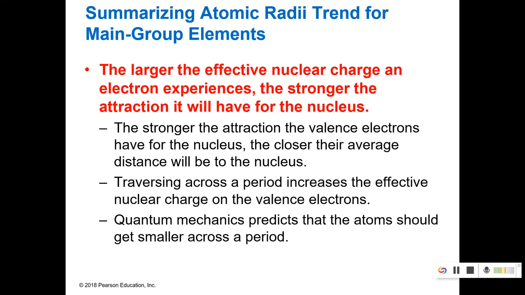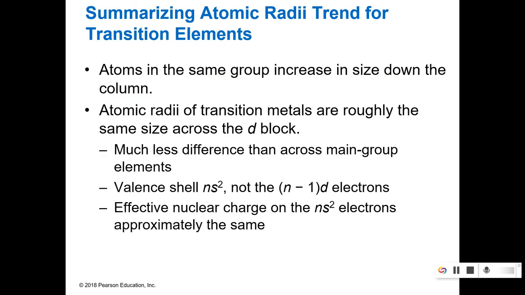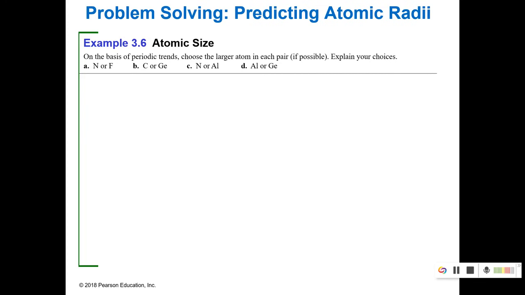Okay, valence electrons: the larger the effective nuclear charge, the smaller it will be. So again, atomic radius is opposite of effective nuclear charge.